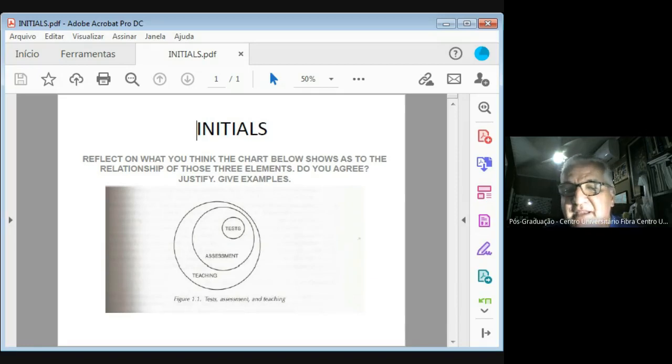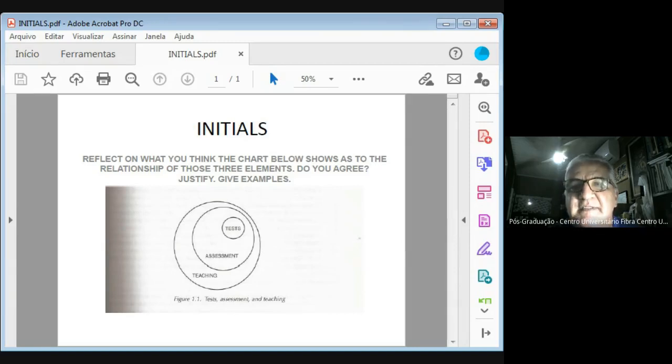Okay, the question here is not exactly what the circle shows, but the consequence of what it shows. Assessment is a bigger process than testing.